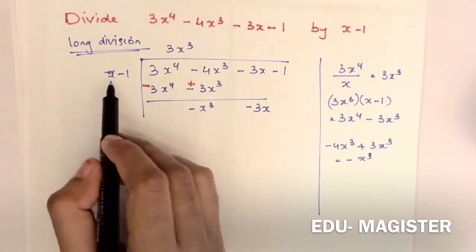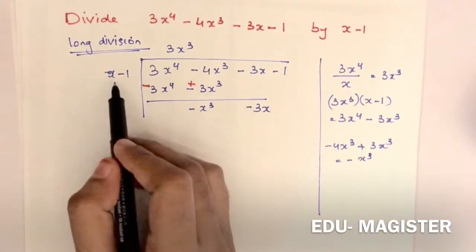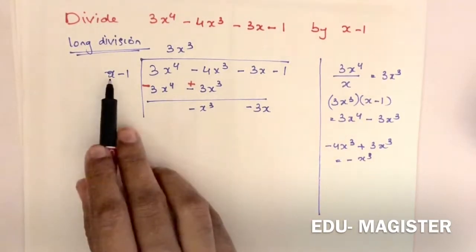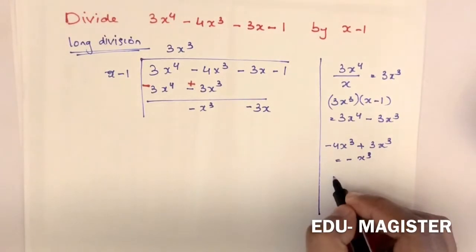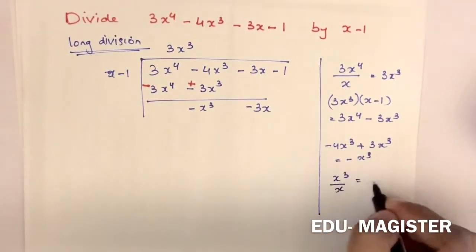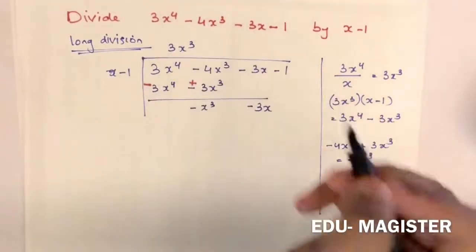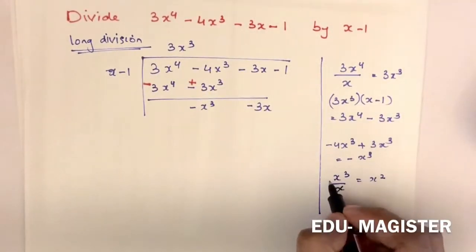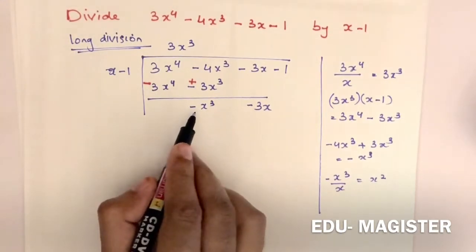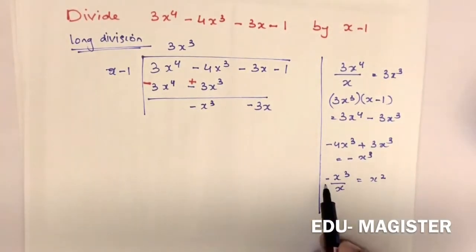Alright. Now let's repeat the step again. We will divide x cube with x. X cube with x, the answer is x square. If you notice, it is minus x cube here. So we have to take minus x cube by x.